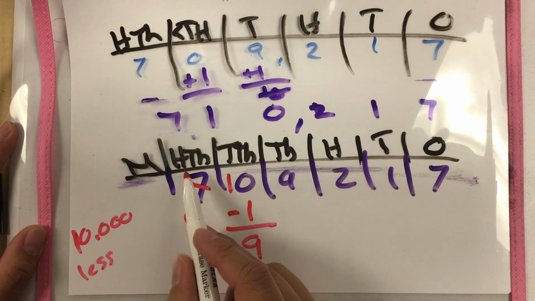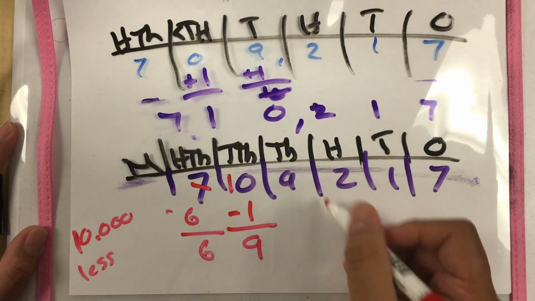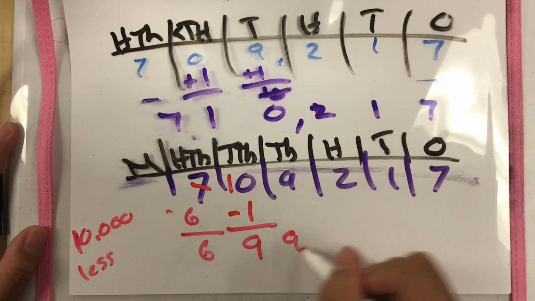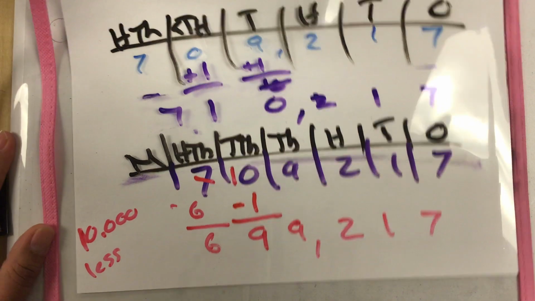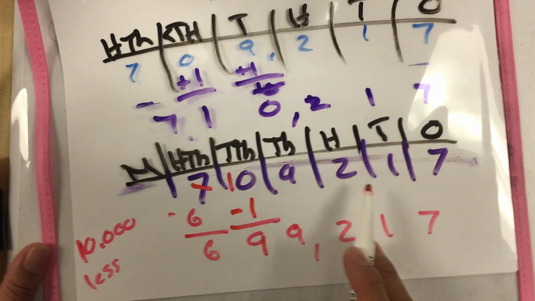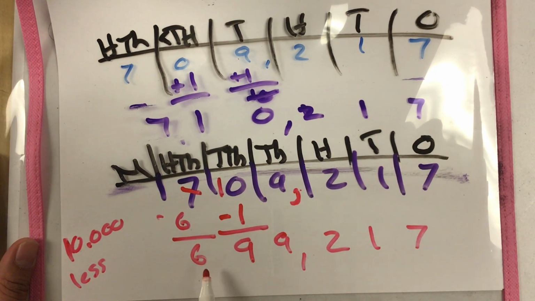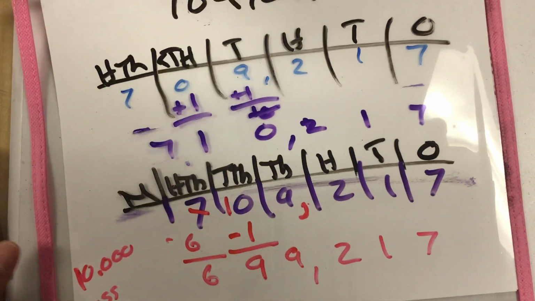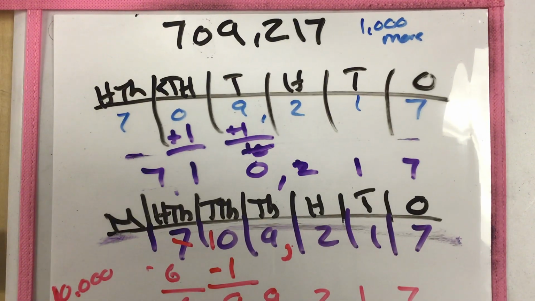And since we took away one of the 10,000s here, we have 6. And nothing else here changes. So 10,000 less than 709,217 is 699,217.